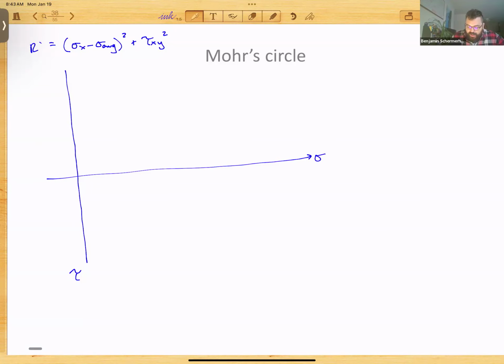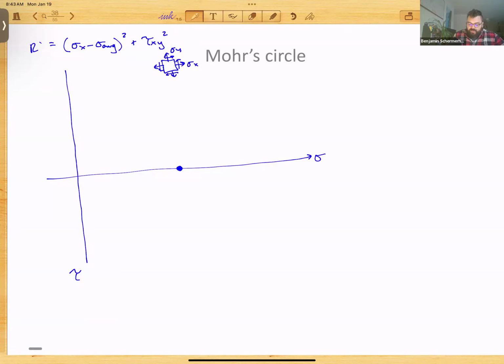If I identify the center of this circle, based on circle equation stuff, well, let's put our state of stress on here. So we're looking at sigma x, sigma y built in here with our shear as well.